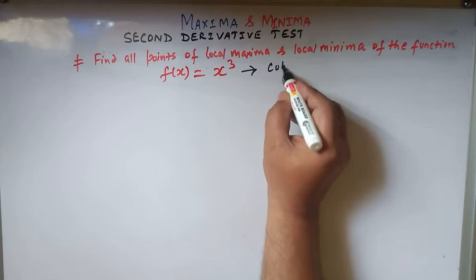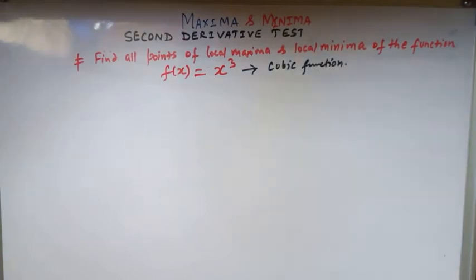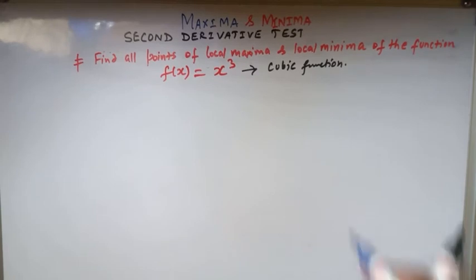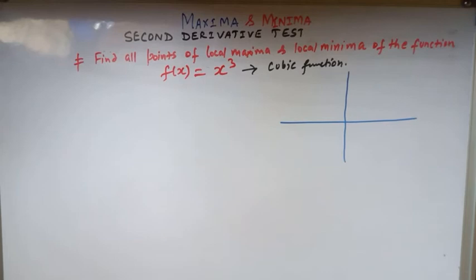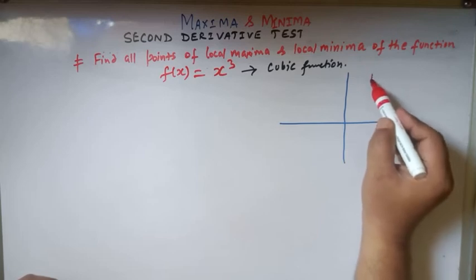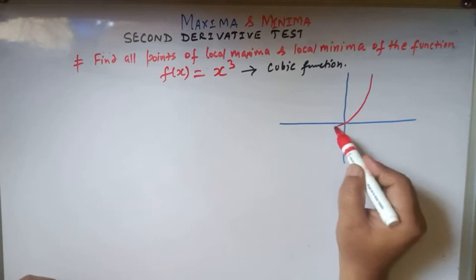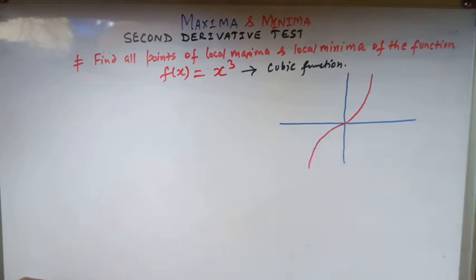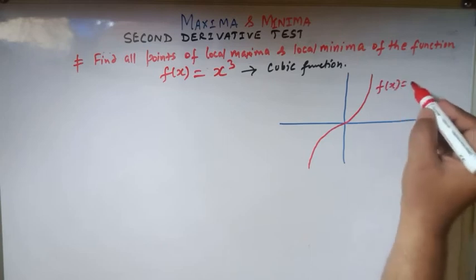It is a cubic function, and we know that the graph of this function looks like, we can draw it like this. Clear? So this is f(x) equal to x cube.